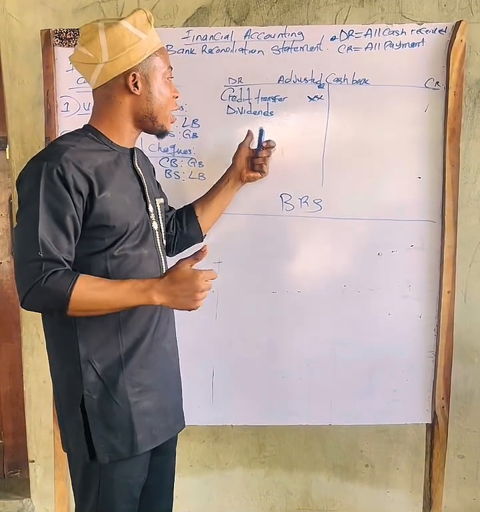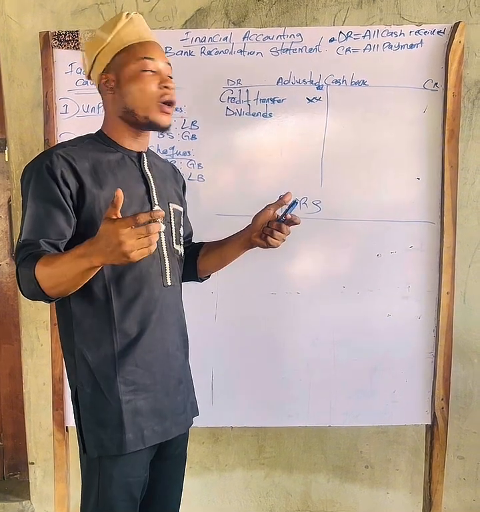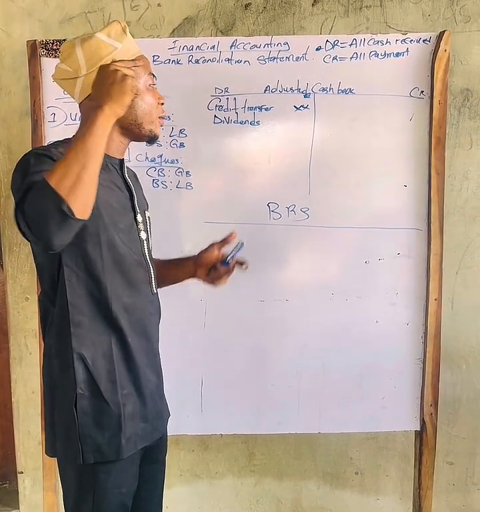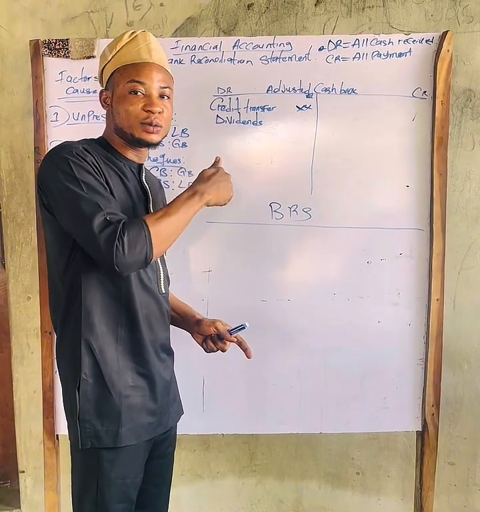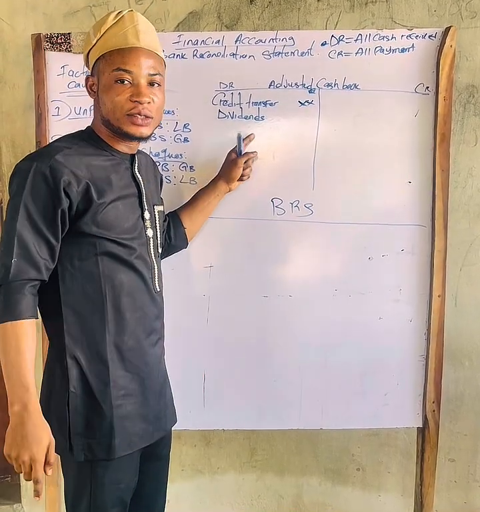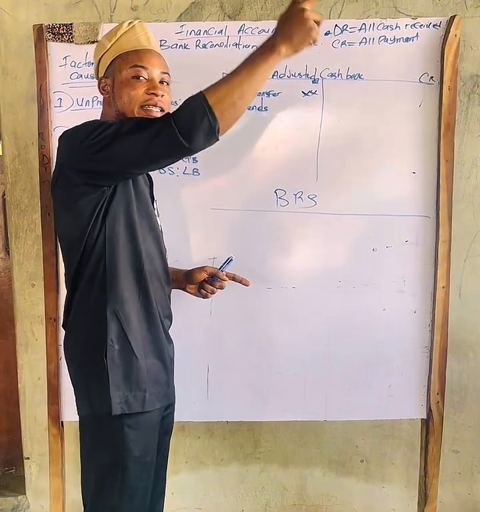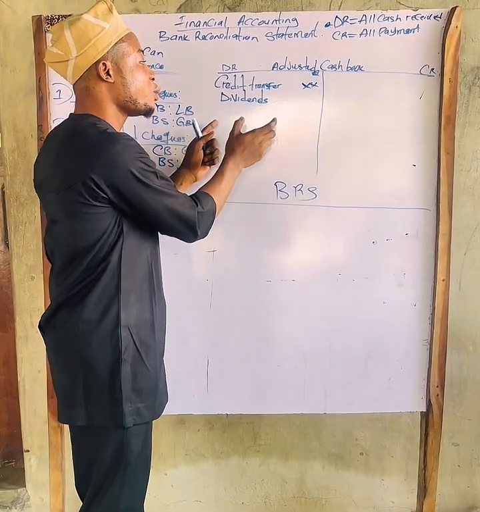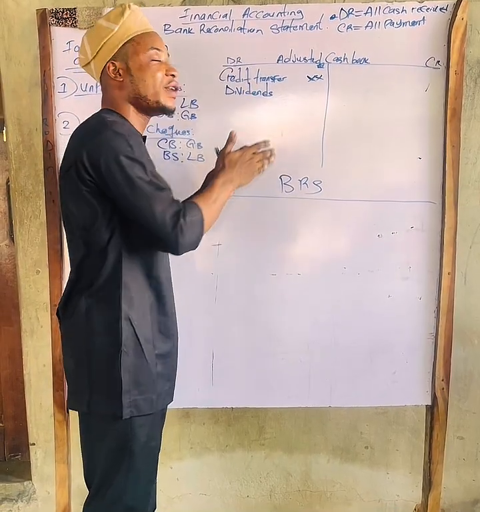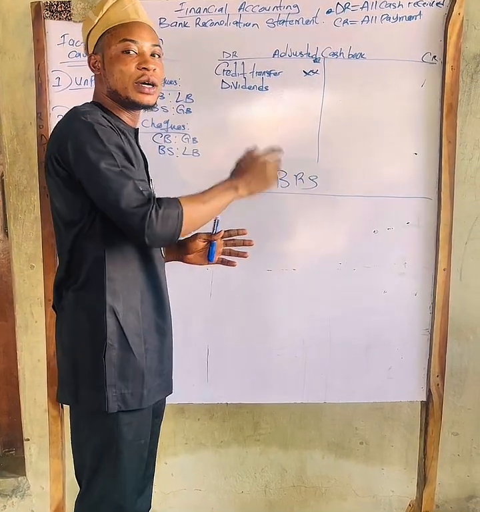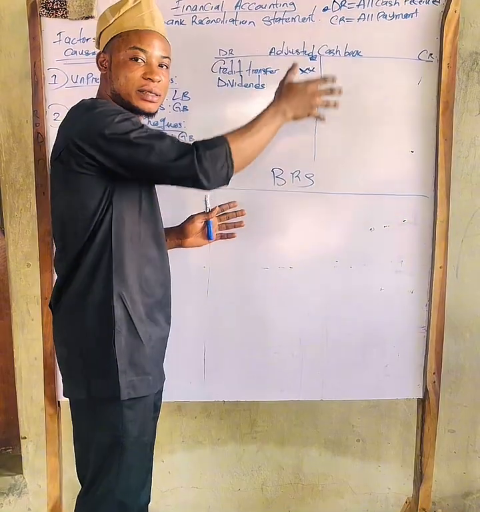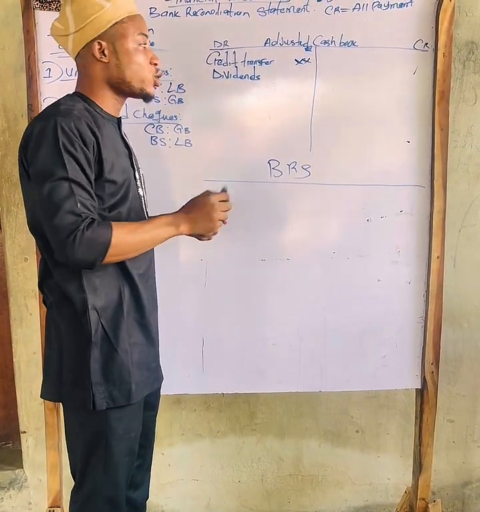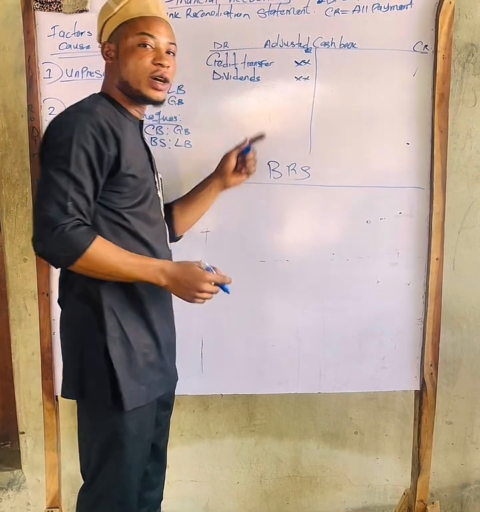Now when such a thing happens, the company will not record that transaction in their cash book, but the bank account will already reflect that transaction, because the bank account has been credited but the cash book has not been debited. So what we are going to do to correct that is bring that dividends to the debit side of the cash book, which is the adjusted cash book. That is, we are now adding up that amount that has been credited to our bank account. We are now adding it to the cash book. So our dividend will come here, on the debit side as well.